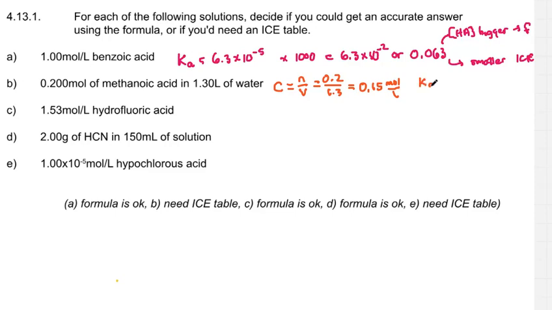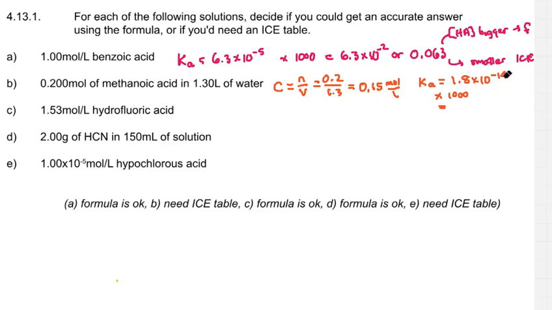Look up methanoic acid, also known as formic acid, in your data book, and where is it? Ka is 1.8 times 10 to the minus 4. Multiply that by 1,000. Pro tip, that just brings the exponent up. Oh boy, sorry.